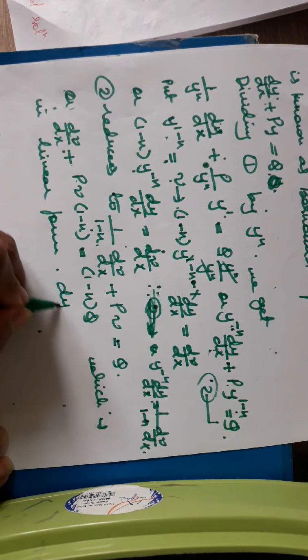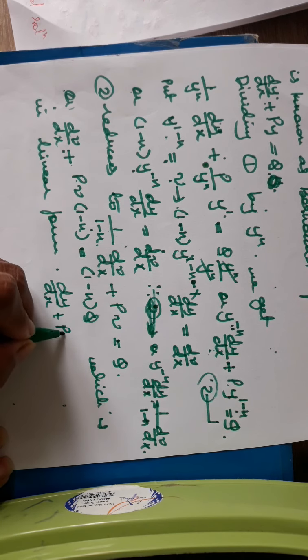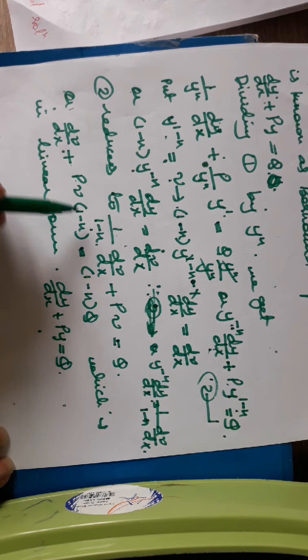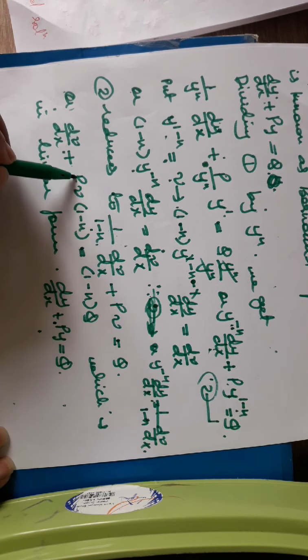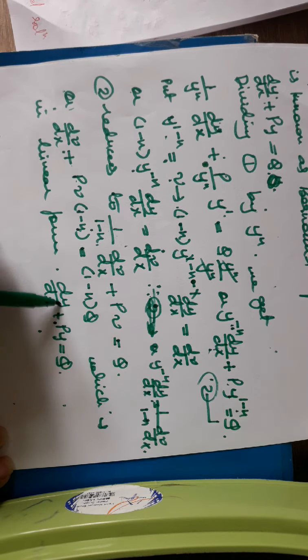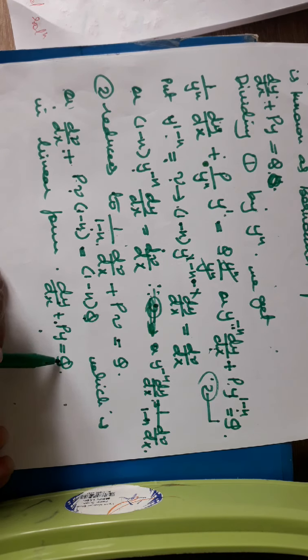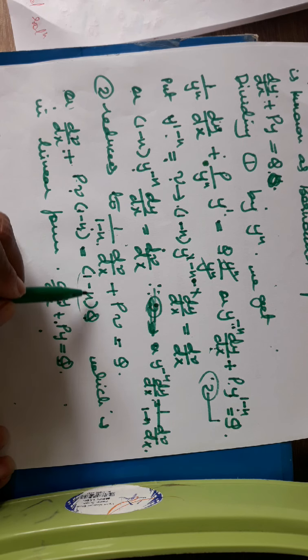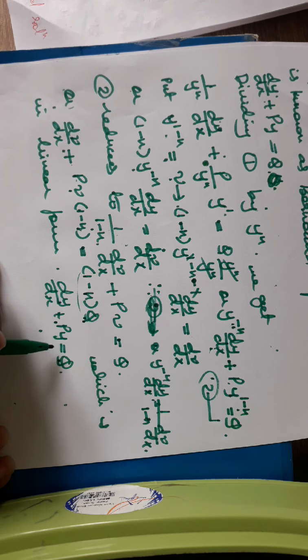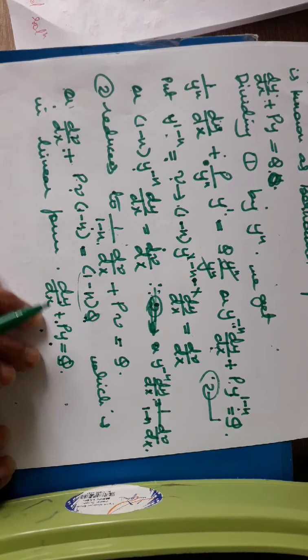That is dv/dx plus P1 v is equal to Q1, where P1 is P times 1 minus n. You treat v as the variable now, and Q1 is equal to 1 minus n into Q, and it can be solved by the method of linear equation.